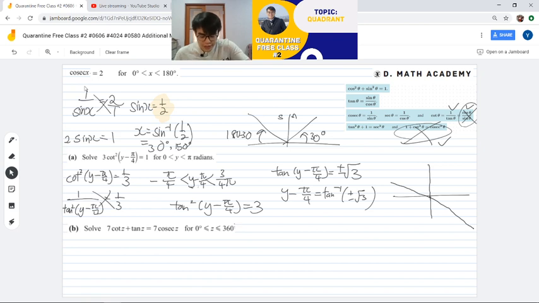You will get your first answer as 1 over 3 pi, followed by another one, which is reflected to here, 180, which is your pi minus 1 over 3 pi.